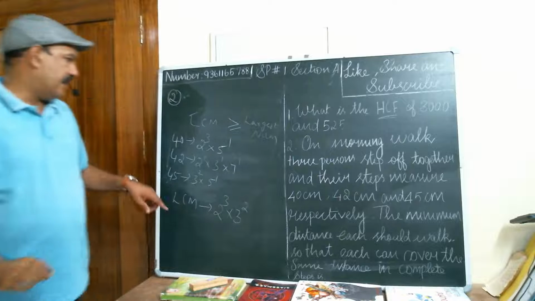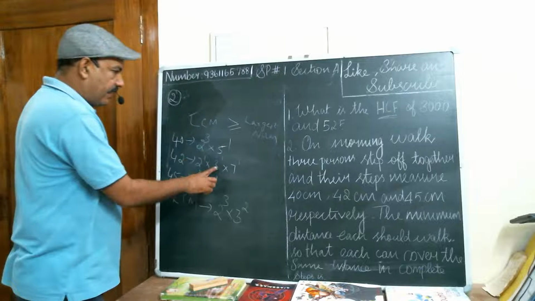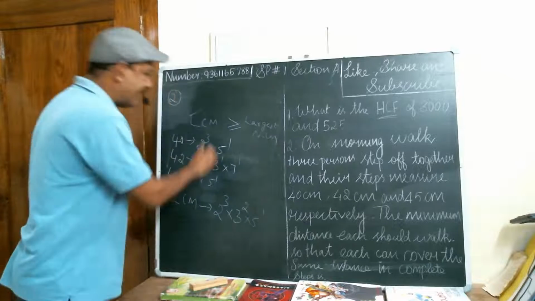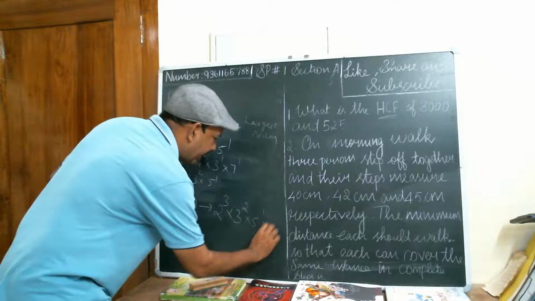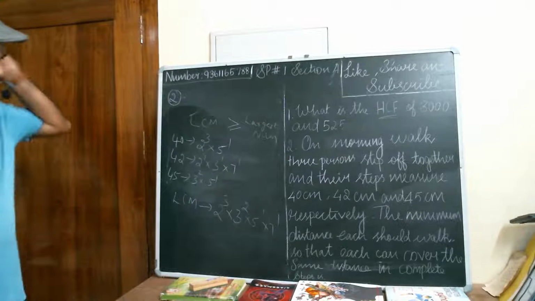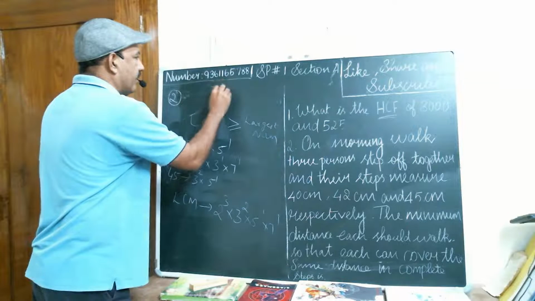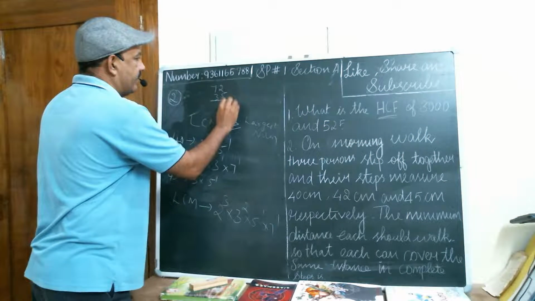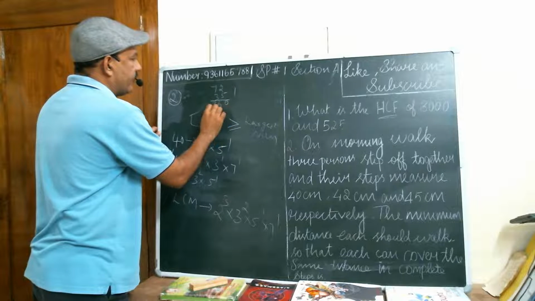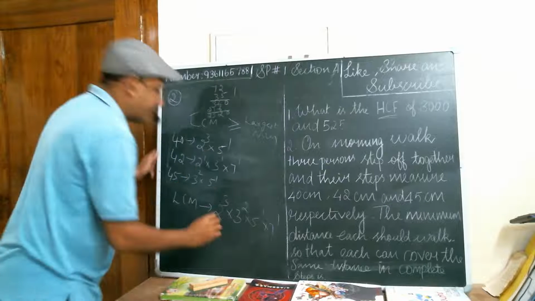Next prime number is 5: 5 power 1, 5 power 0, 5 power 1. So highest is 5 power 1. Similarly for 7, it is 7 power 1. So it is 8. 8 9s are 72. 72 into 35.